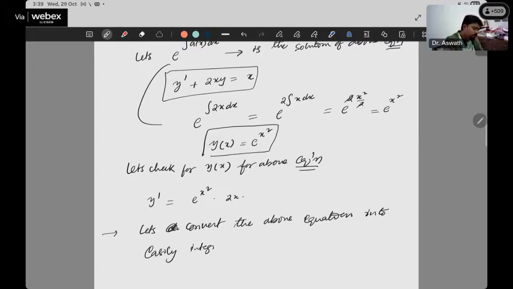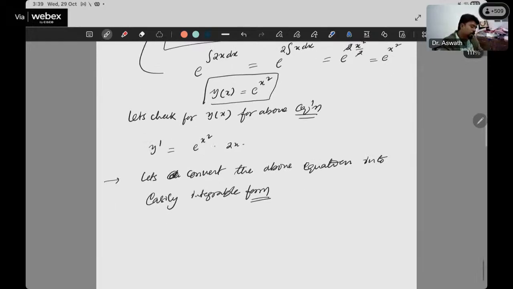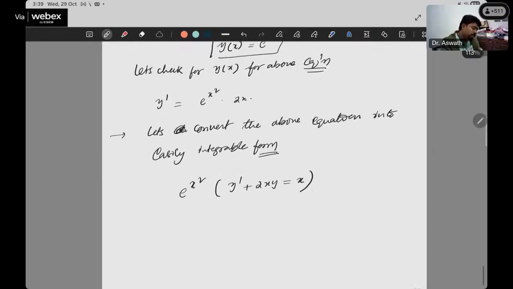How do I do that? I just multiply the entire equation by exponential x square. The equation is y dash plus 2xy is equal to x. When I do it, what happens, you see?